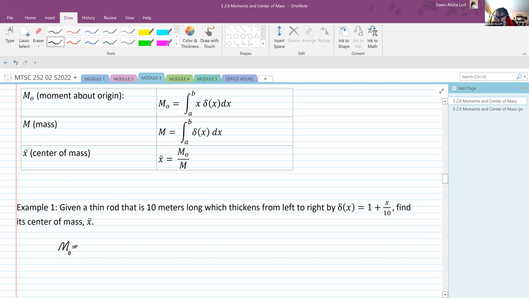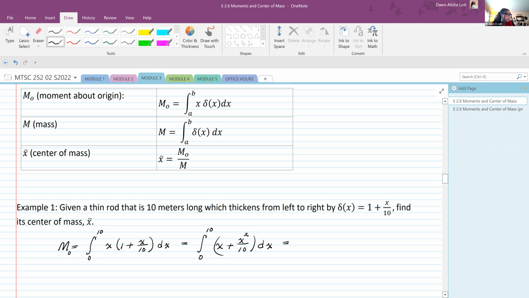naught. So m naught is the integral from 0 to 10 of x times 1 plus x over 10 dx. And that is the integral from 0 to 10 of x plus x squared over 10 dx.